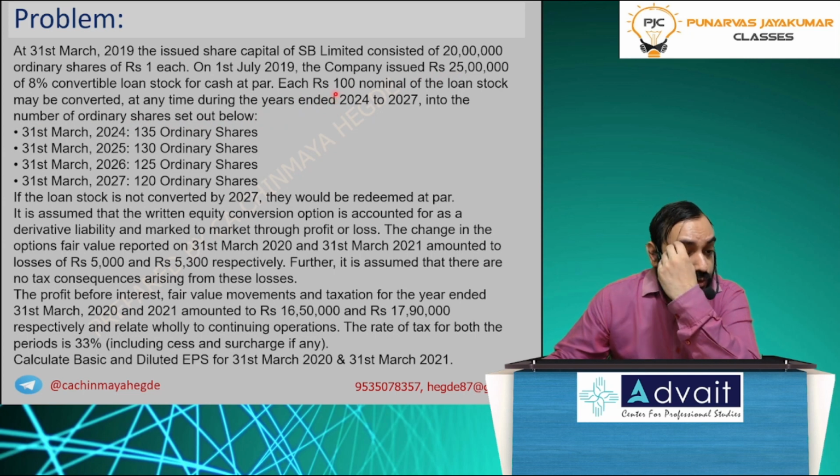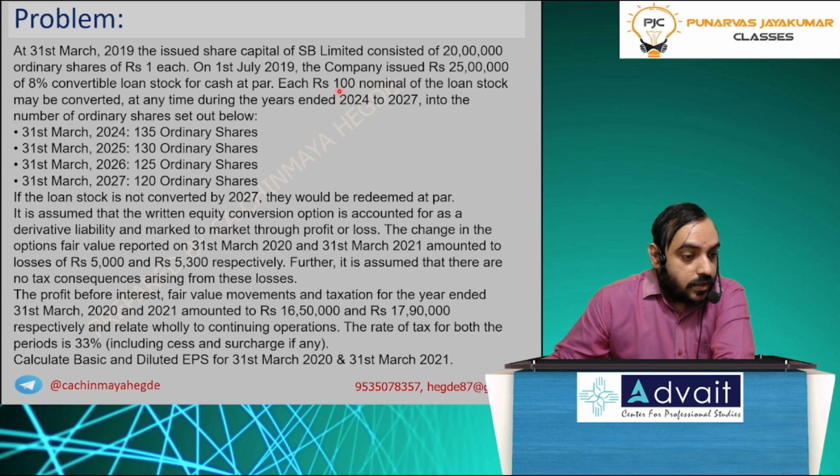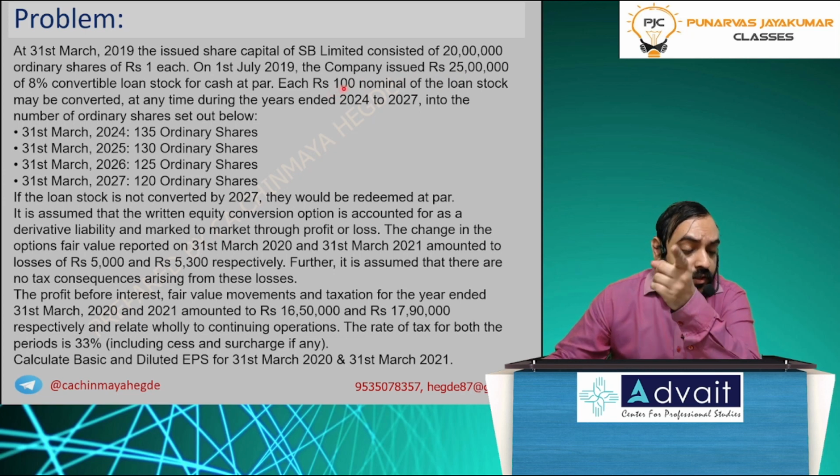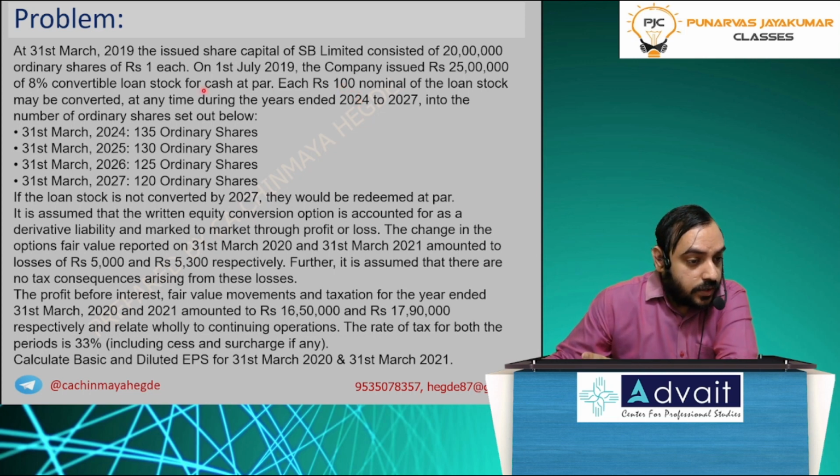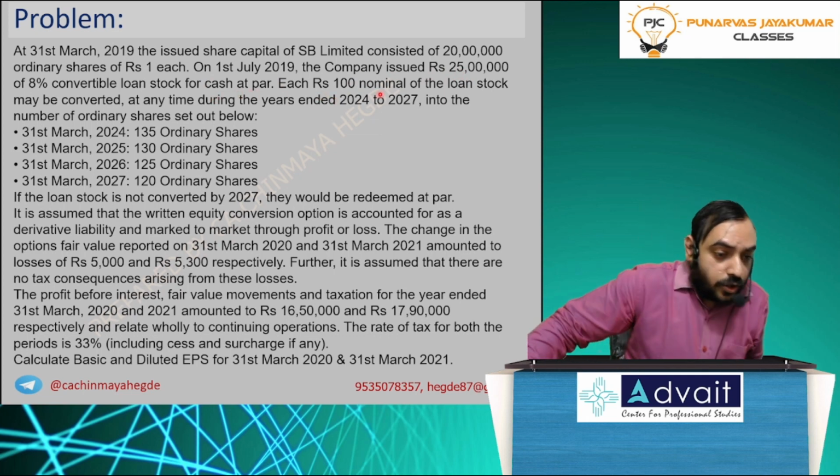So what you should do is 25 lakh. One debenture will give you 1.35 shares, approximately, or 100 each. What is the loan amount? Okay, 25 lakh rupees each at par at rupees 100 of the nominal value.